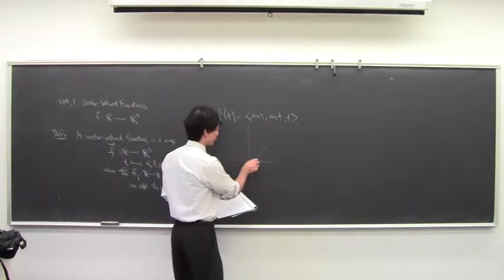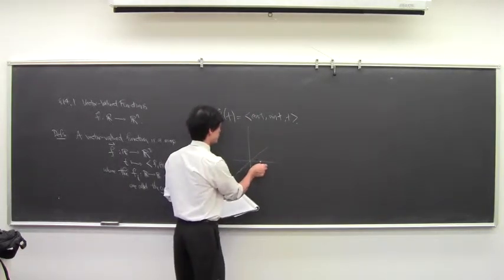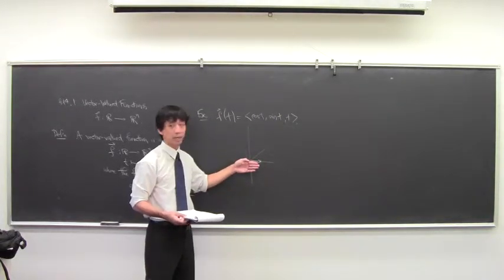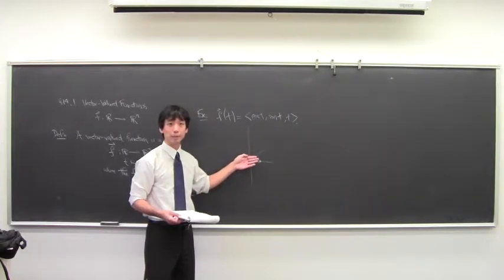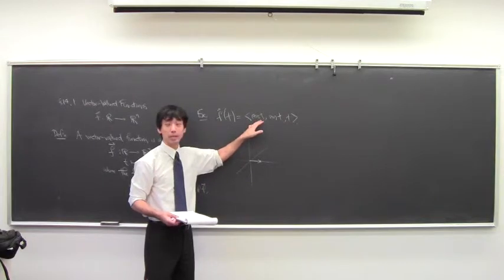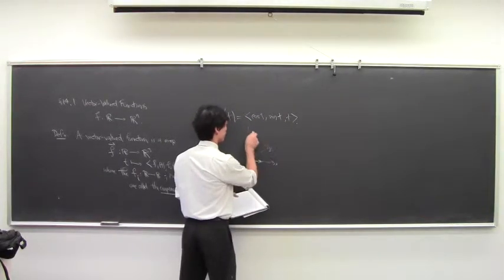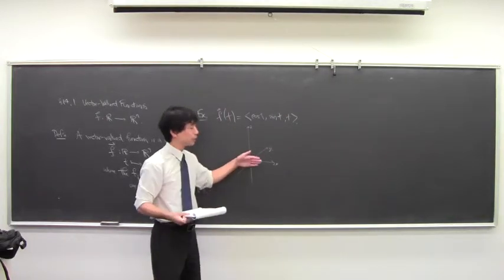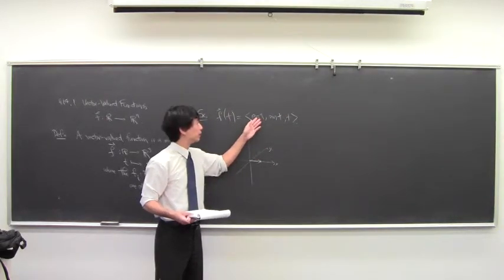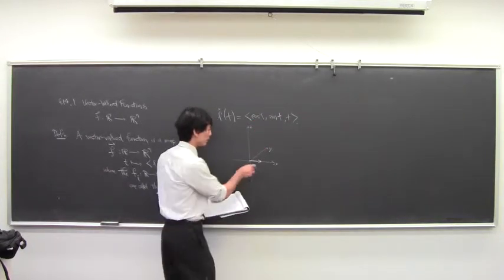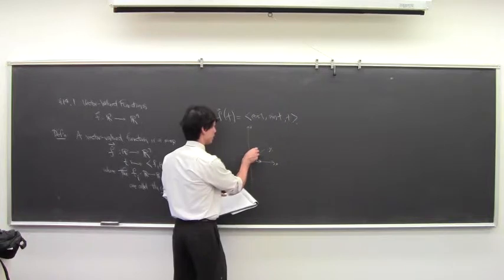It gives this vector. And then at time pi over 2, where is it? Well, it's going to be at (0, 1, pi over 2). So it's going to be over here, at pi over 2 up.